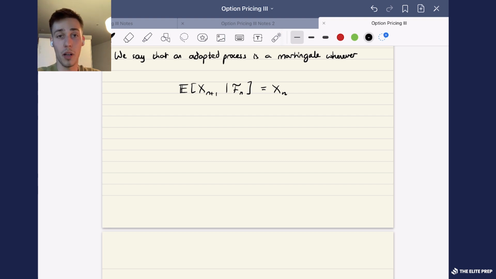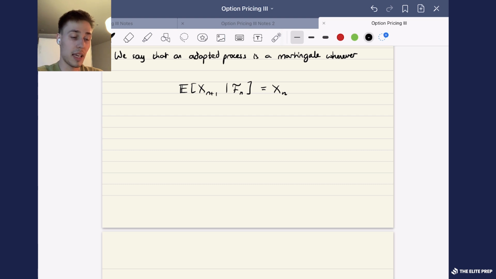Remember that in the one-period model, we defined the risk-neutral probability measure as the one which allows us to have the same return for all of the primary assets, so the stock or the money market account. In this case, we need this definition of martingale.